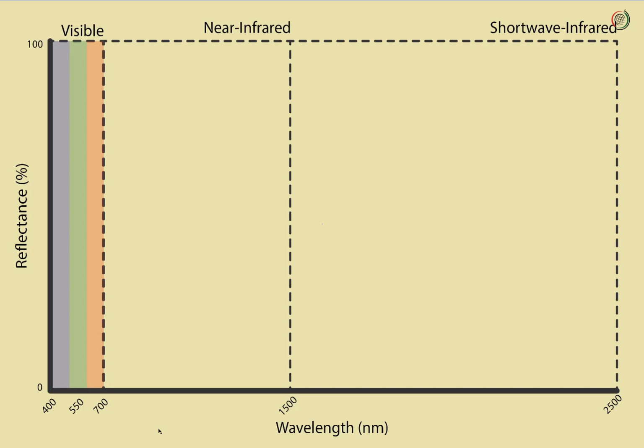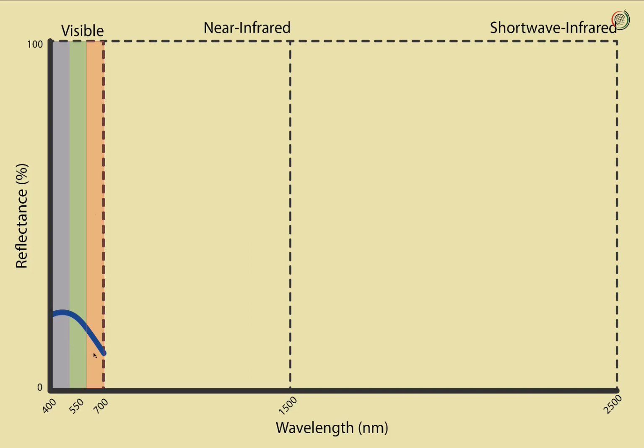let's take a look at some common features that we would recognize in remote sensing imagery. Let's start with ocean water, which looks blue to us, but remember that blue is a wavelength. The water looks blue because the wavelength, which is around 400 nanometers, is being reflected the most in the visible spectrum. Water can look somewhat green, but rarely red.